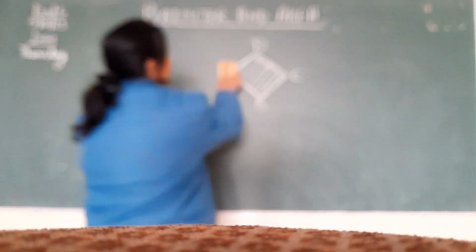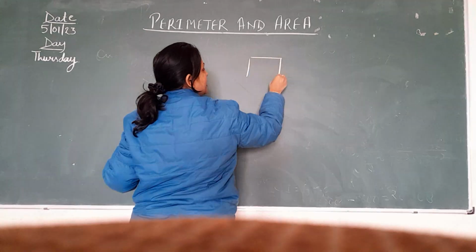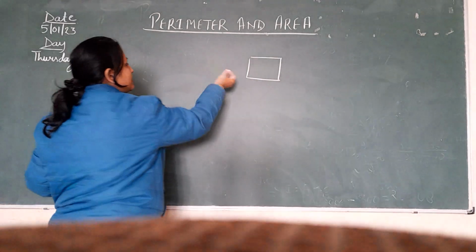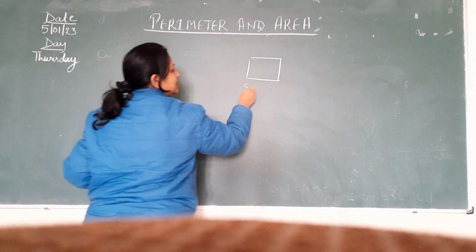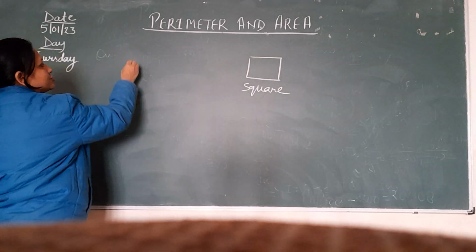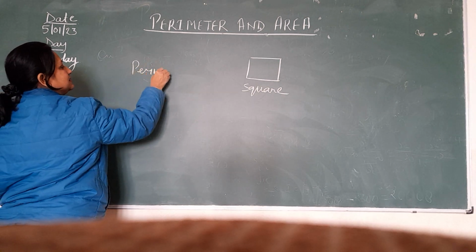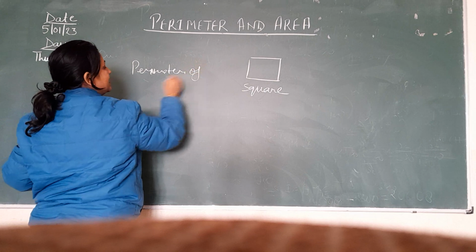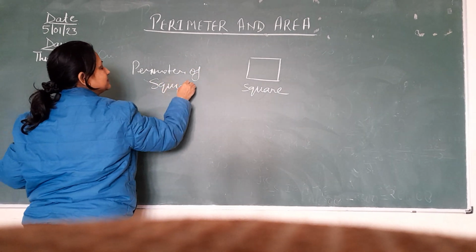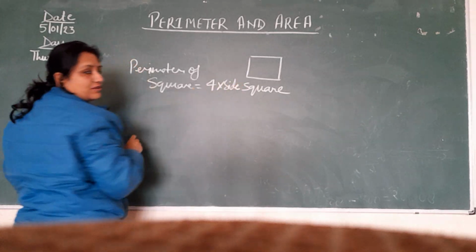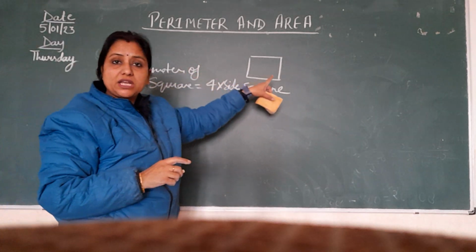Now, you know that in a square all sides are equal. Okay, so the perimeter of a square is equal to 4 into side, because all sides are equal.